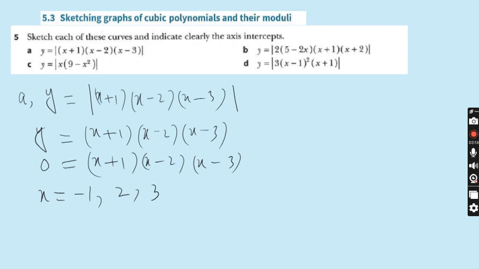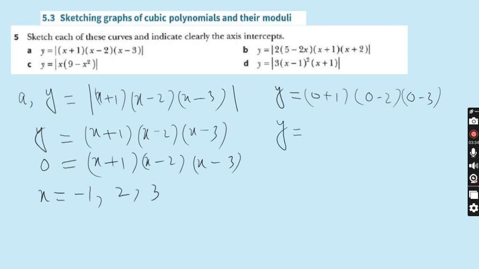Now we have to find the y-intercept. In order to find the y-intercept we have to put x equal to 0. So (0 plus 1)(0 minus 2)(0 minus 3).